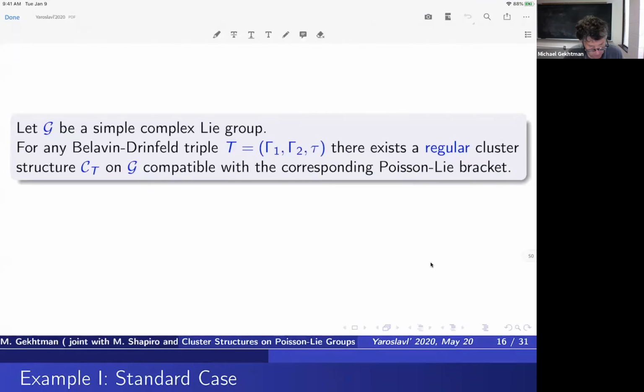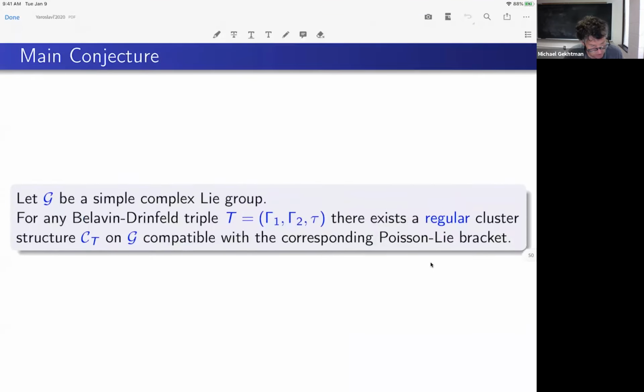All right, so we had this conjecture that if you have an arbitrary simple complex Lie group, then for any Belavin-Drinfeld triple, there exists a regular cluster structure which is compatible with the corresponding Poisson-Lie bracket. Let me unpack this statement. We have a group, let's keep it to be GLN. We consider one of these combinatorial data, a Belavin-Drinfeld triple. There is a corresponding Poisson-Lie bracket.